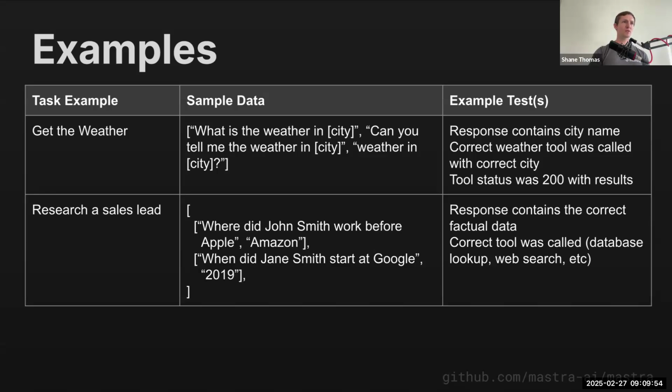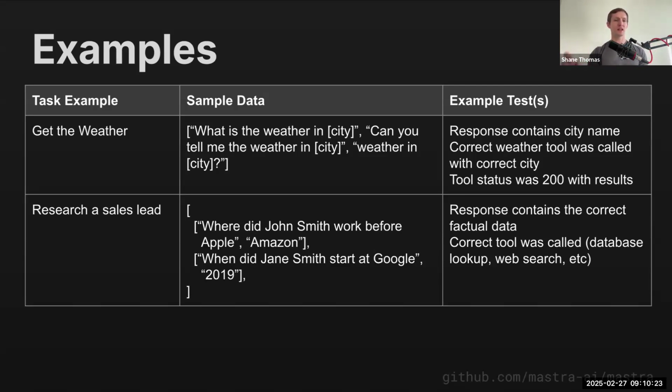Another task example could be going out and researching a sales lead. So you might have an array of pairs: this is the input and this is the expected output. Where did John Smith work before Apple? Maybe he worked at Amazon. So you expect that Amazon is going to be either in that response or the exact response, depending on how you structure your prompts and whether you're using structured output. And when did Jane Smith start at Google?